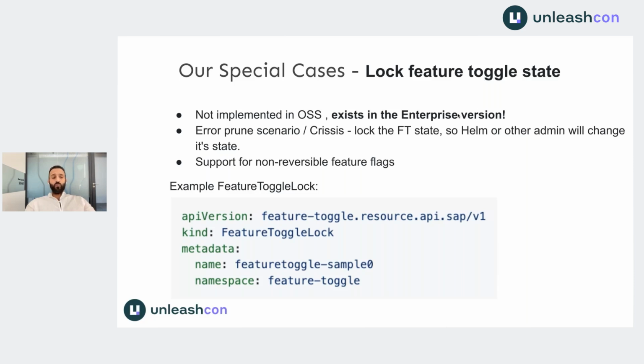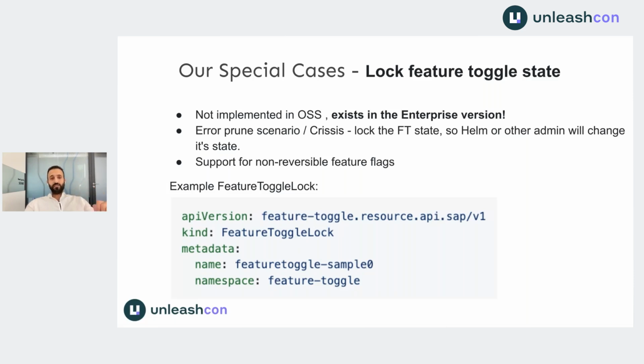So when we have any outage, we have a mechanism to lock the feature toggle by using another custom resource called feature toggle lock. I can say the name of the toggle and on which namespace, and this will add this resource as a lock for this feature toggle.